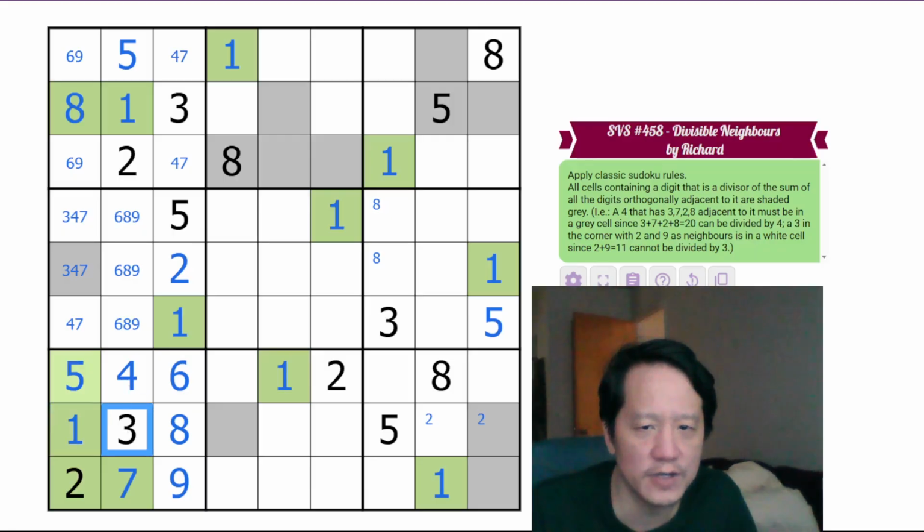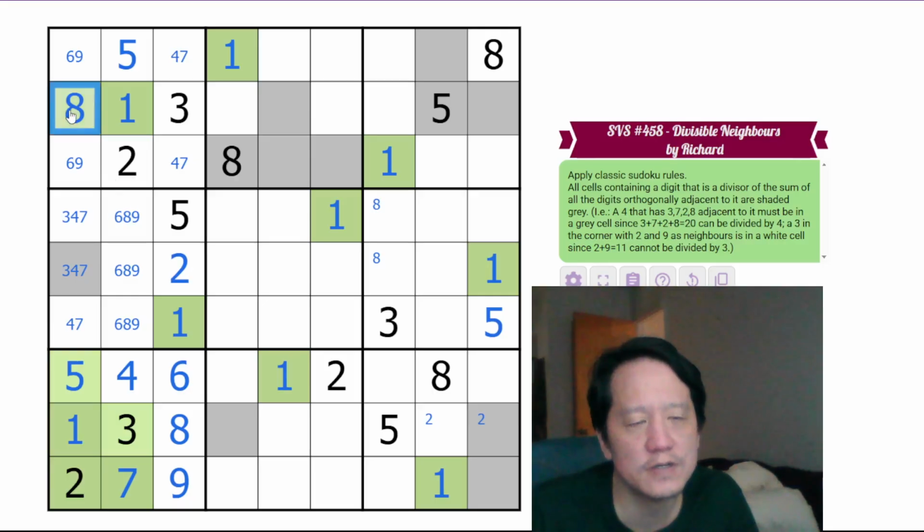3 does not divide evenly into that. 2 cannot divide evenly into this, but we don't know what that is. 2 cannot divide evenly into this. 5.